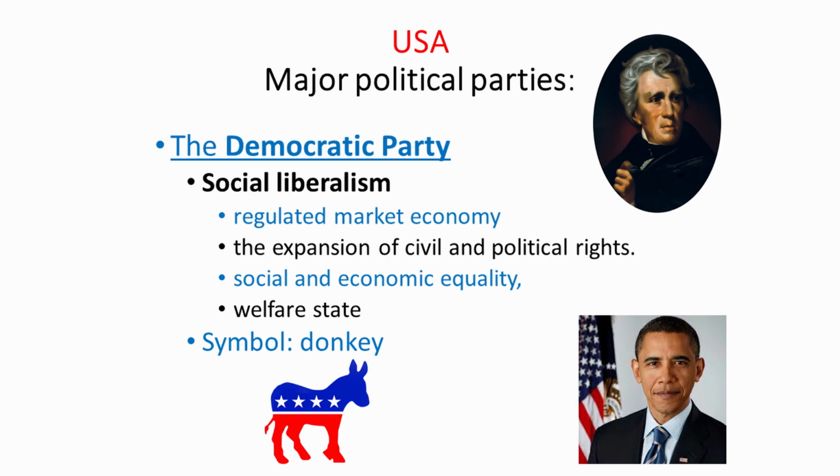The symbol of the party is a donkey. The donkey is also a very old symbol. The origin probably being connected with Andrew Jackson, who founded the Democratic Party and who was ridiculed and symbolized as a donkey.